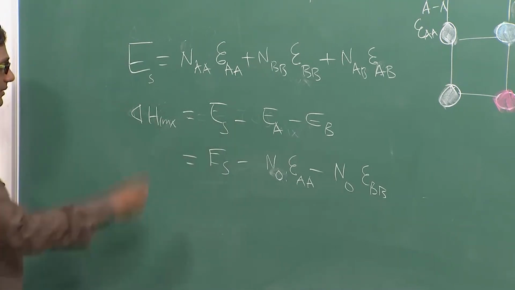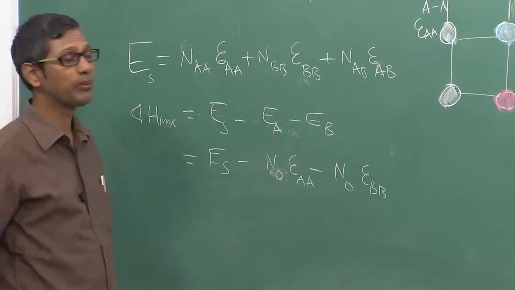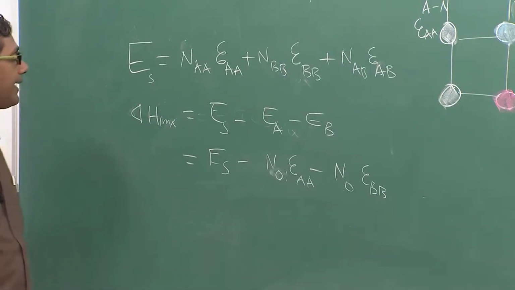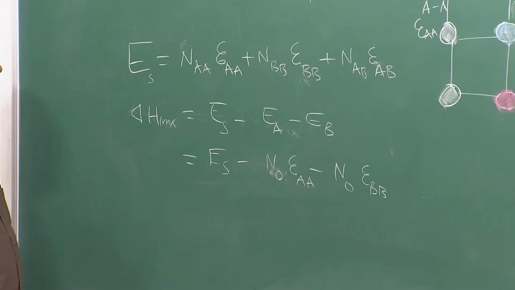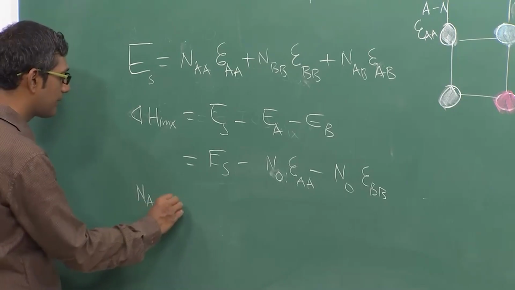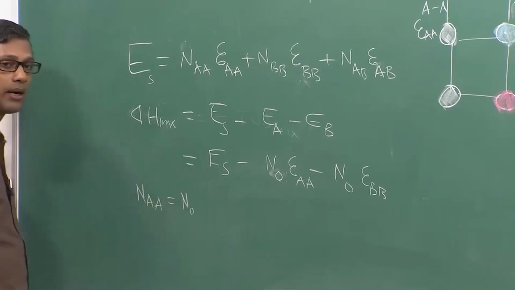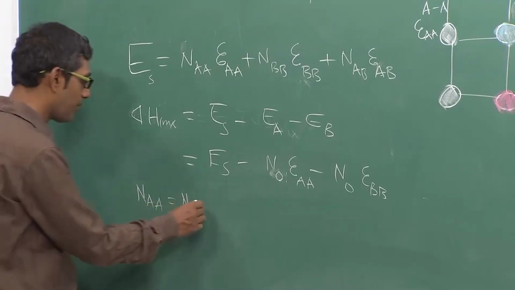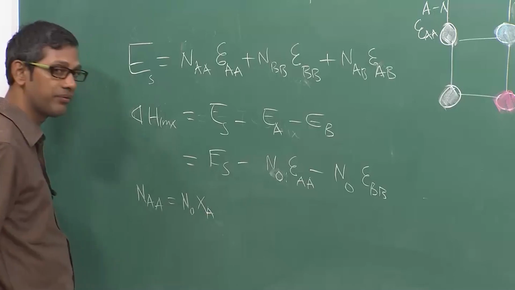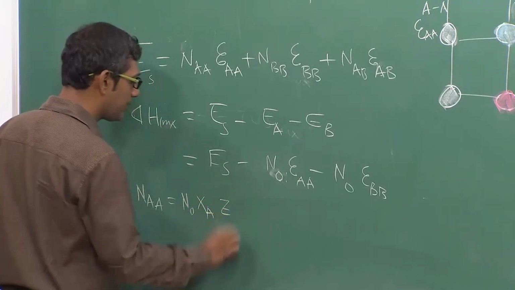This can be easily done by simply assuming that the number of bonds is proportional to the mole fractions of A or B or AB type of bonds. So suppose for NAA I can write, if I have 1 mole of solid solution, then the total number of atoms is Avogadro number N0 multiplied by the mole fraction of A multiplied by the coordination number.